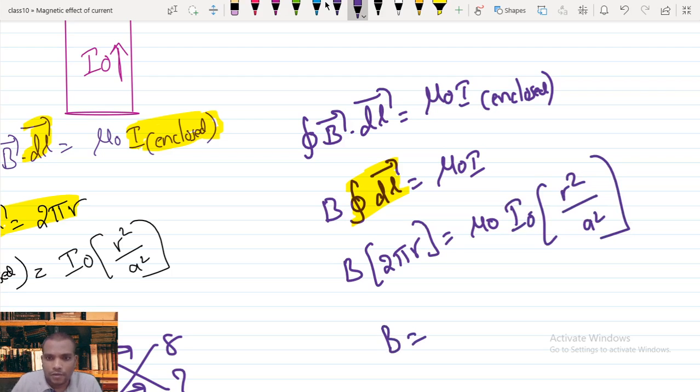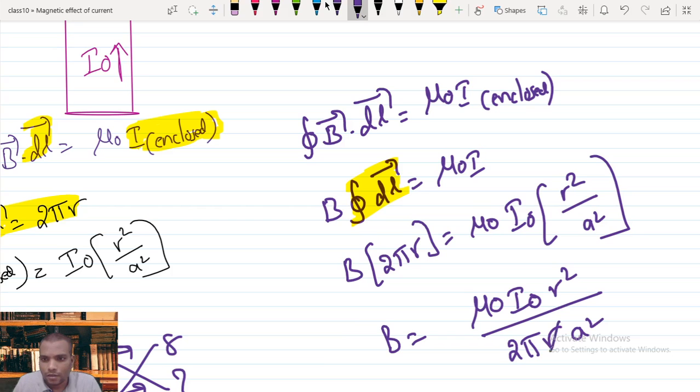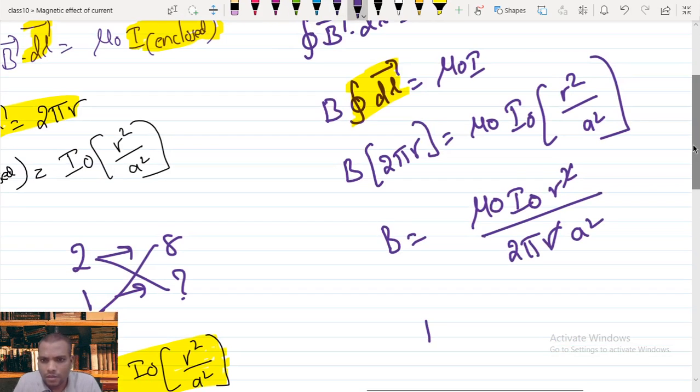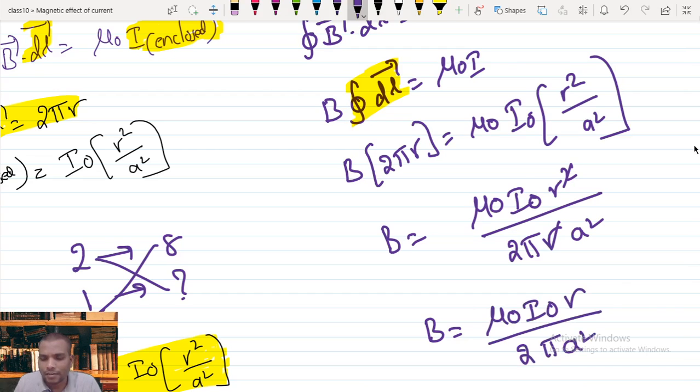Now let's simplify it. B equals mu naught I naught r squared upon 2 pi r times a squared. Here r is cancelling, but not the total. So B equals mu naught I naught r upon 2 pi a squared.